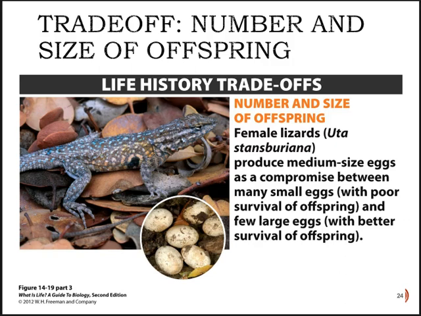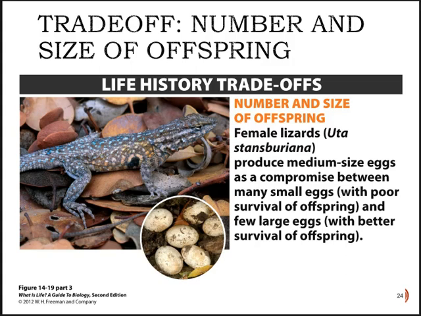Or some lizards will do a few large eggs, and the larger the egg, the better the chance of that offspring surviving, but not always. Lots of small eggs, there's not as much yolk in there, they don't have as good a chance of surviving. So Uta stansburiana have settled on the medium strategy.